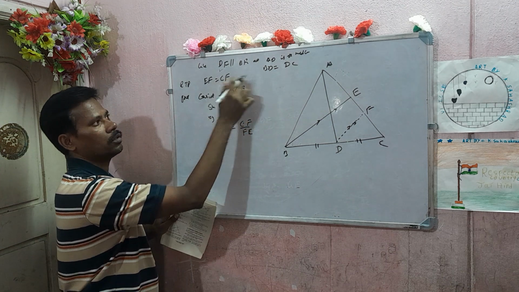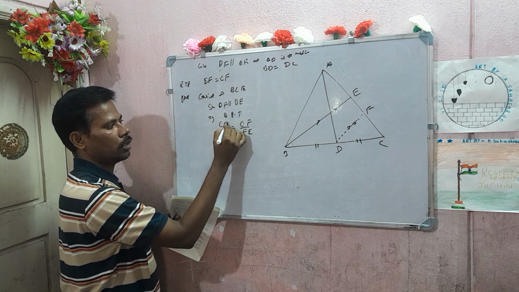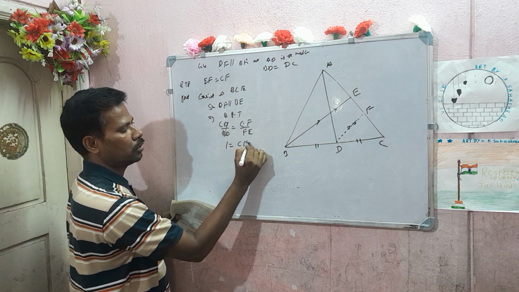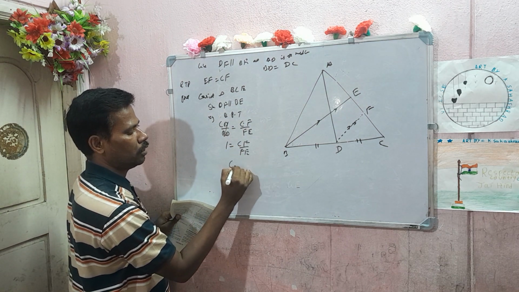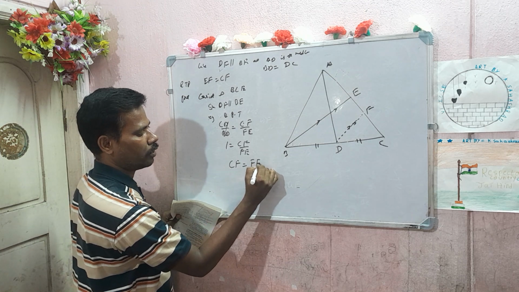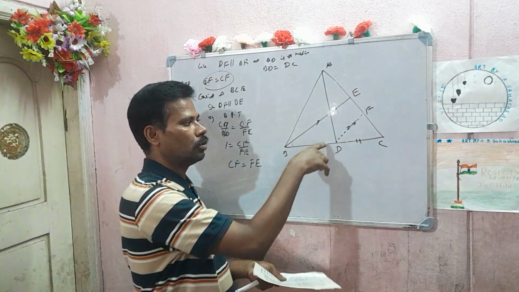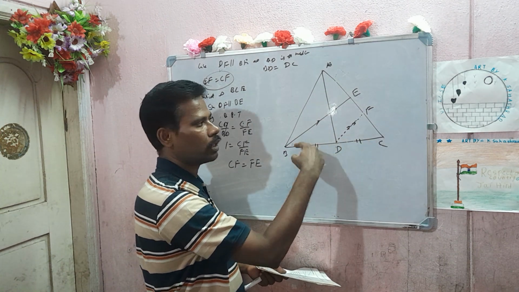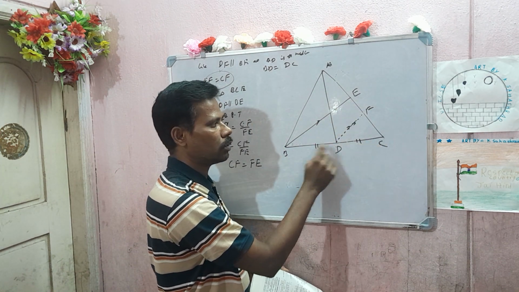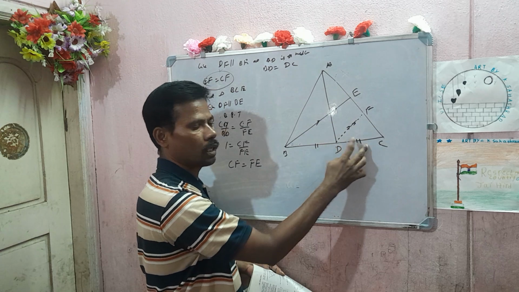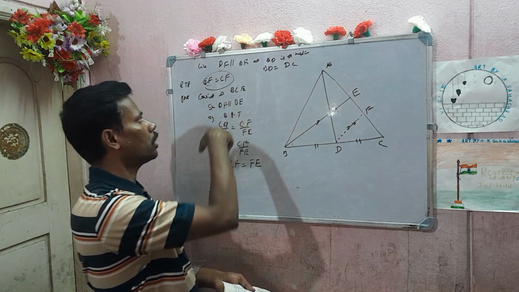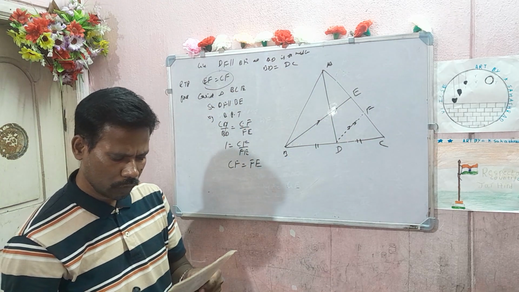But BD is equal to CD, both are same. So one is equal to CF by FE. Therefore, CF is equal to FE. Just AD is a median, so this part is equal to this part. Use BPT, and therefore EF is equal to CF. That's it. Very simple.